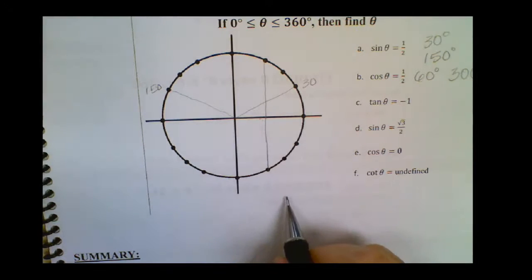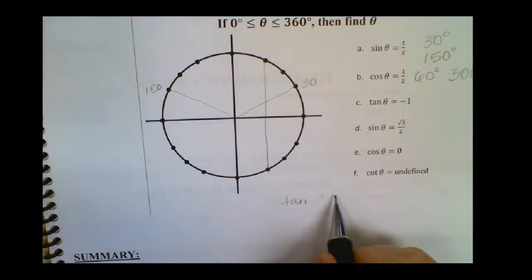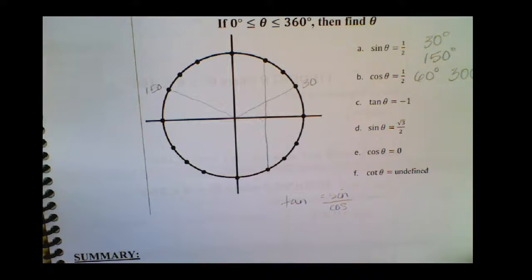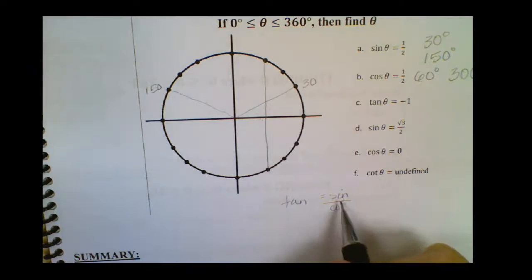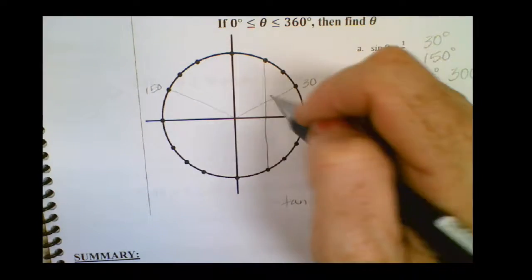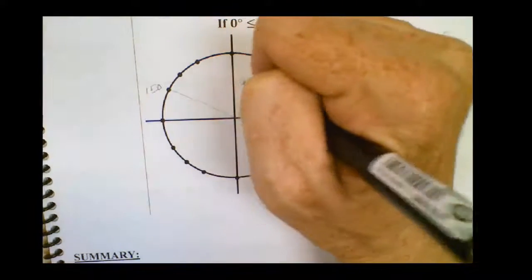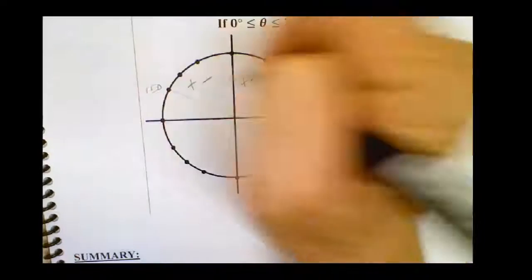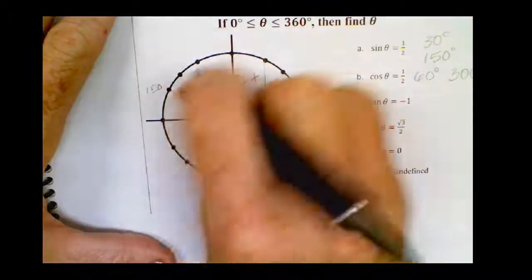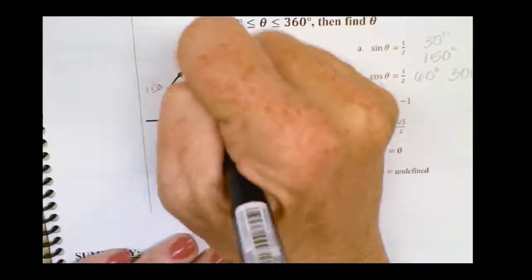Okay, tangent of negative 1. So tangent is when I've got sine over cosine, right? Opposite over adjacent. So I need to figure out where my sine and my cosine have the same size, giving me negative 1, but where one of them is positive and one of them is negative. So if you think about your signs within these quadrants, this is negative cosine, positive sine.